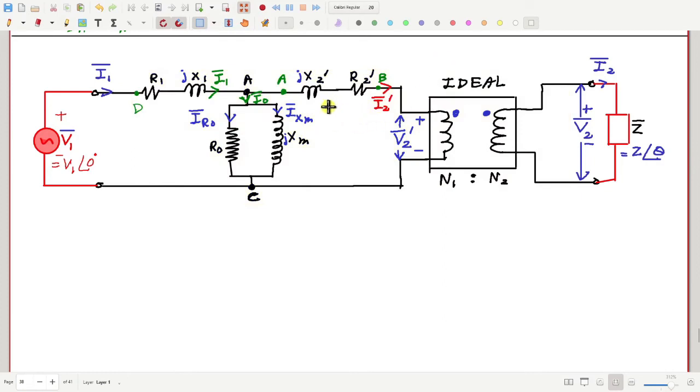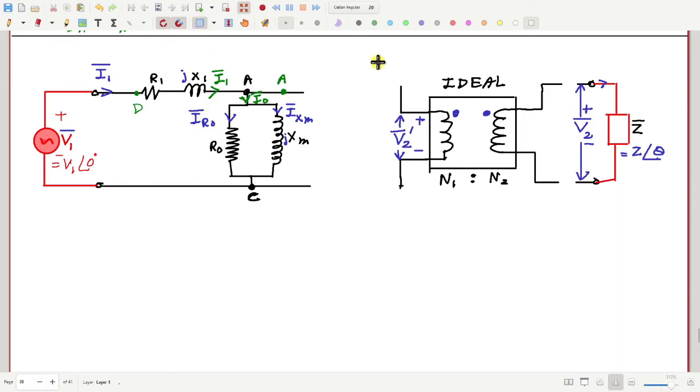So you noticed that I have erased the R2 and X2 that were here.